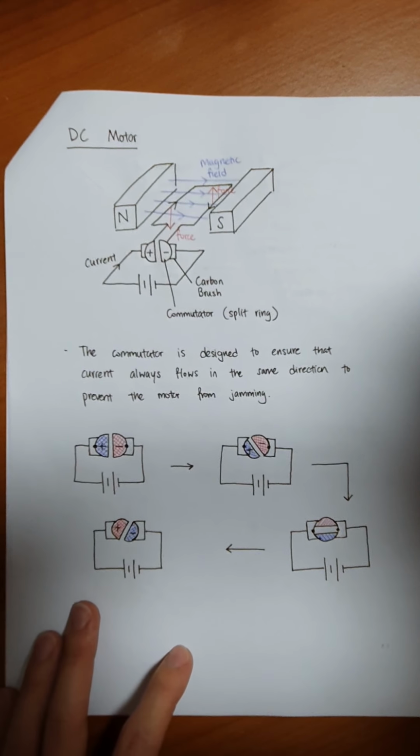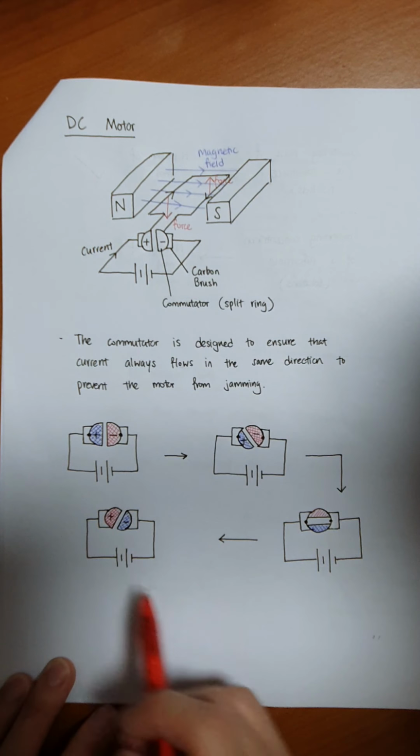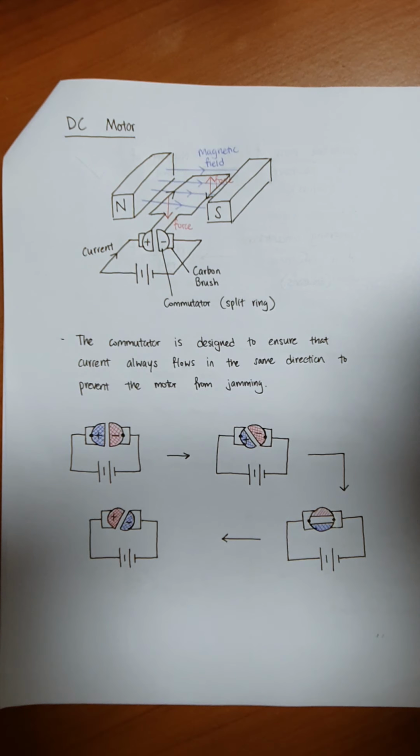Okay, so important parts of a motor include the commutator. The commutator will cause the rod to basically energize and de-energize at certain positions.